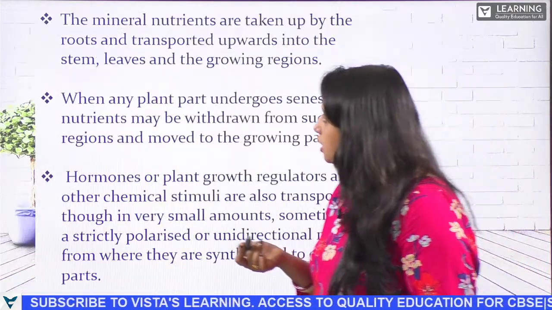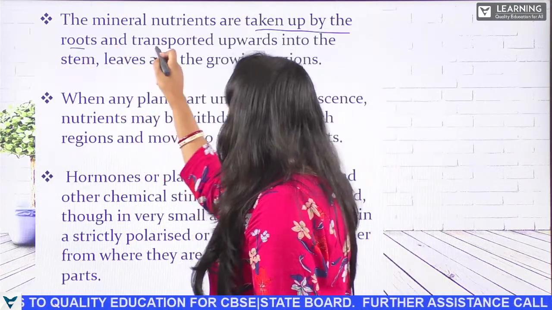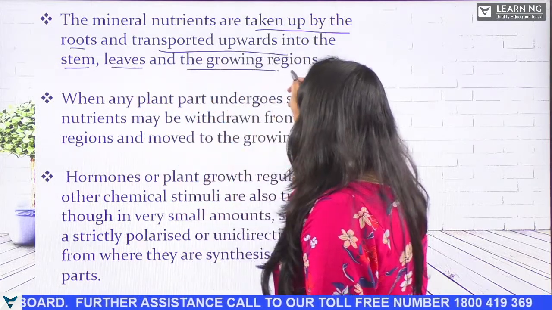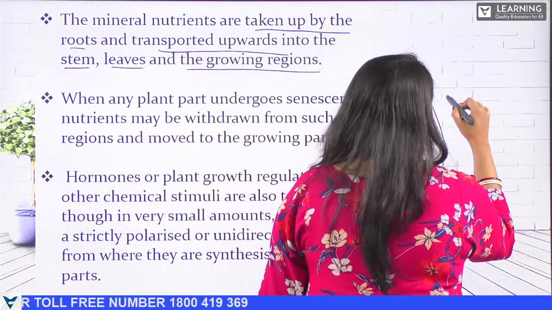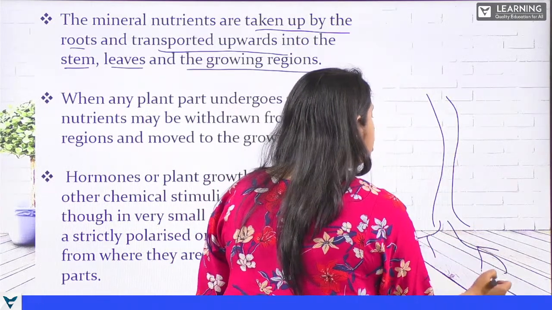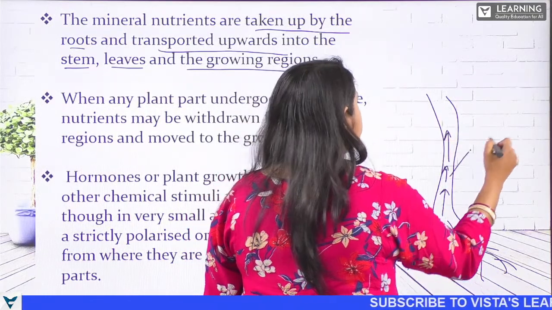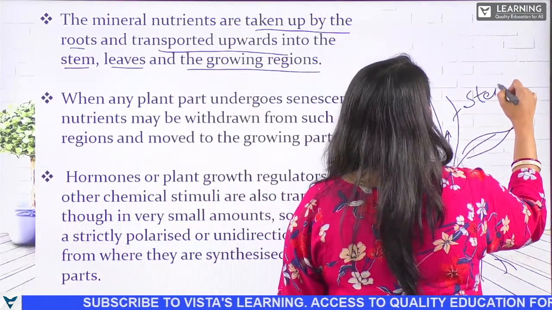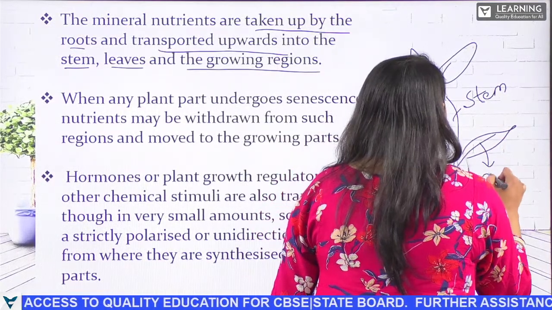Next, the mineral nutrients are taken up by the roots and transported upwards into the stem, leaves, and the growing regions. So if this is a plant, the mineral nutrients are taken up with the help of the roots and transported upwards, towards the stem, then also to the various parts of the leaves.